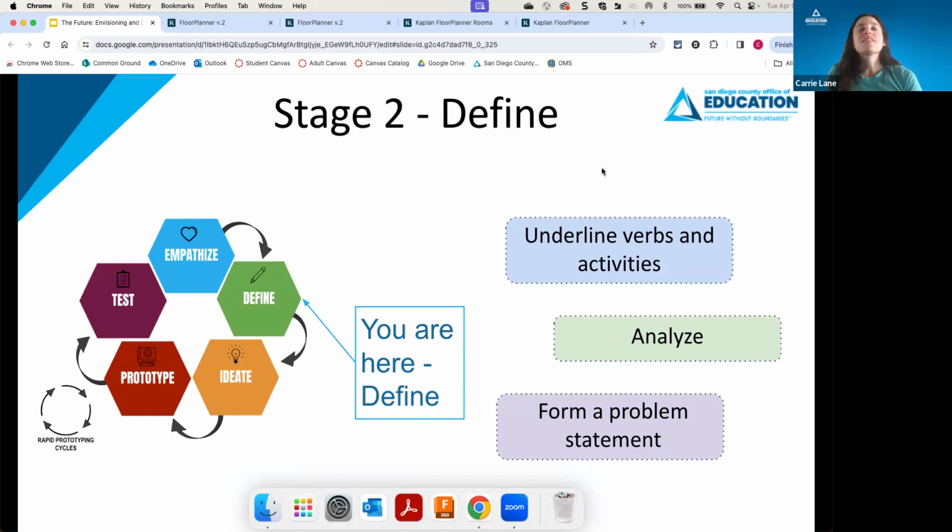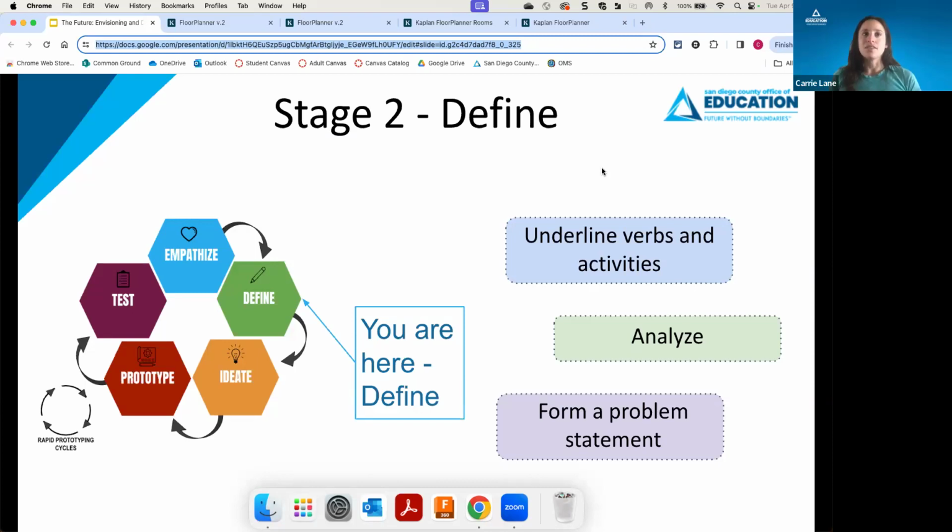Okay. In stage 2, which is the define stage of the design thinking process, especially when we're talking with kids about this, when you've done an interview with someone and you've recorded information about what they need and what they'd like, you then go through and underline the verbs and the activities to help you start to define what they want and how you can make that happen.